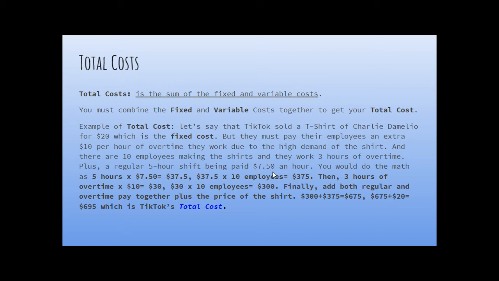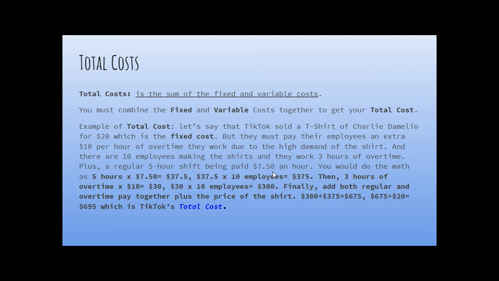We'll do the exact same thing for overtime: $10 an hour times 3 hours of overtime, which is $30. Then we do that times 10 employees.